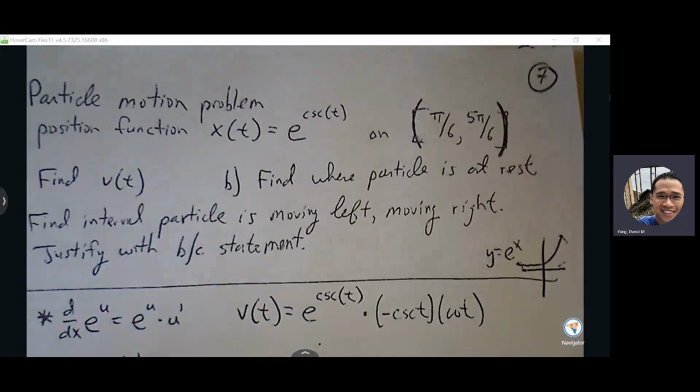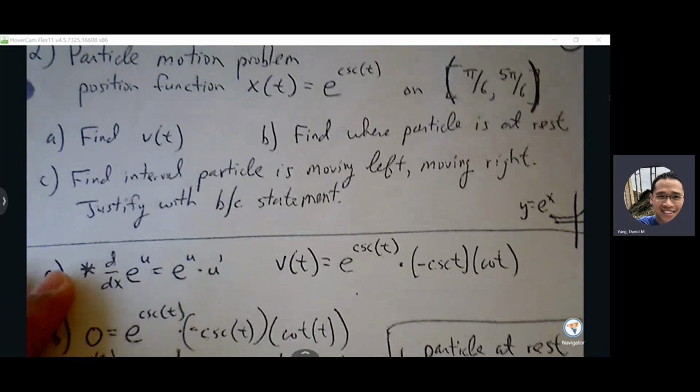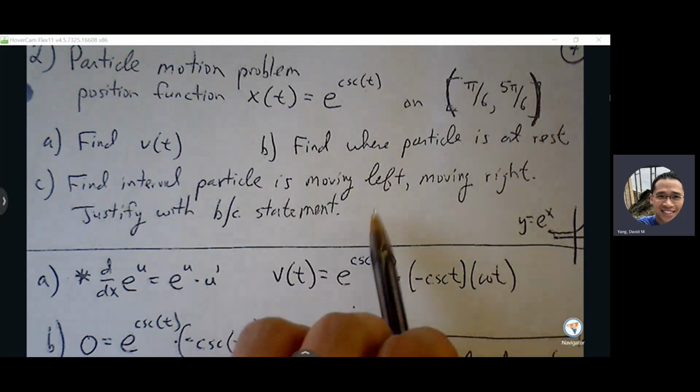Okay, so particle motion, page 7 here. It says find velocity, find where the particle is at rest, and find the intervals moving left and right.